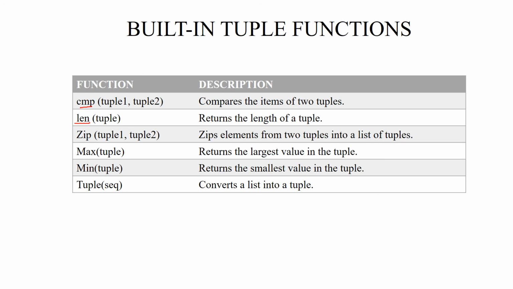The next one is zip, which zips elements from two tuples into a list of tuples. Then max finds the maximum of the tuple, and min finds the smallest value in the tuple. Then tuple converts a sequence, that is a list, into a tuple. You can also work out a few examples using these built-in functions.